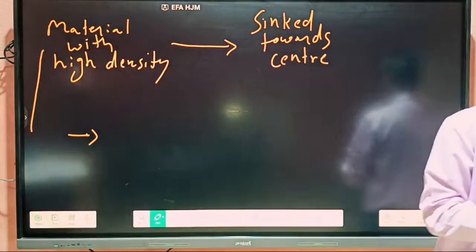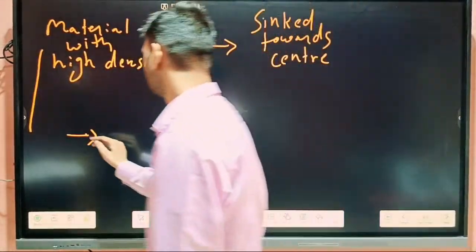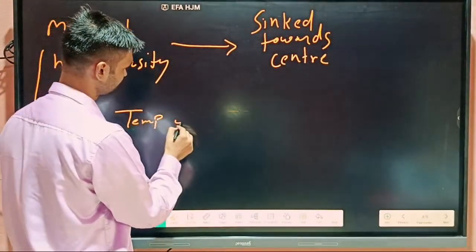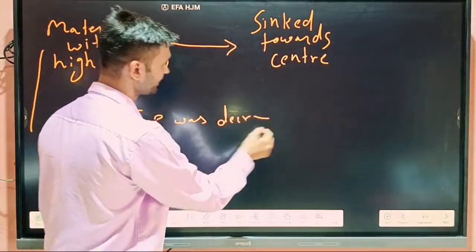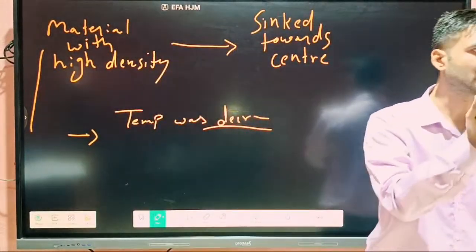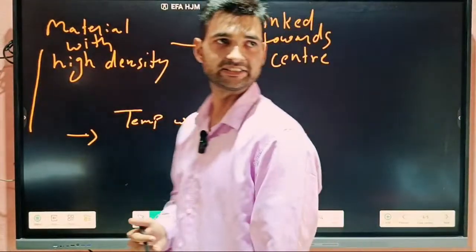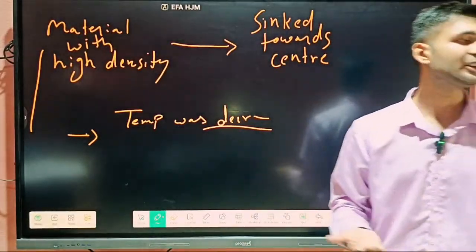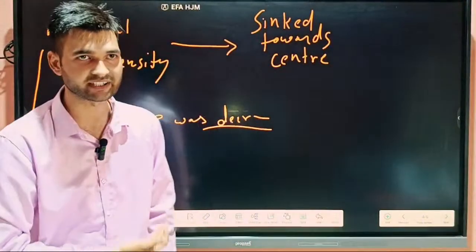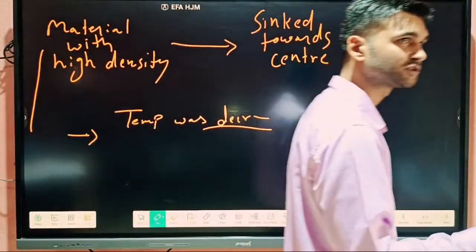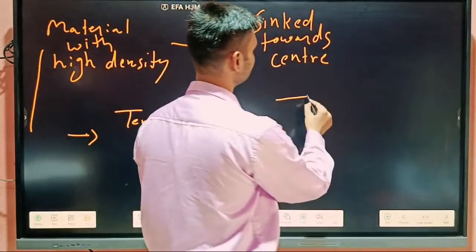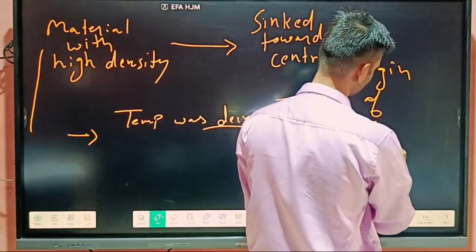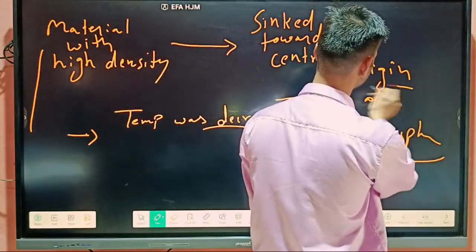When that material started to solidify because temperature was decreasing, as you go upward from the center towards the surface, temperature decreases, and due to that decrease, the material started solidifying. That solidified form that we see today is the crust, on which we are able to walk, that is the lithosphere. So this was all about the origin of the lithosphere.